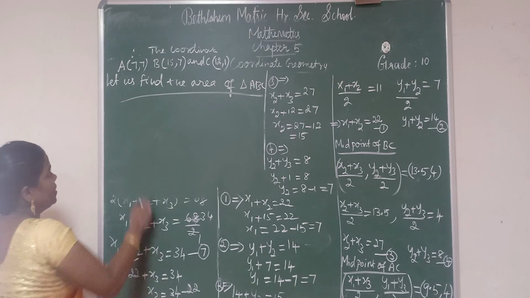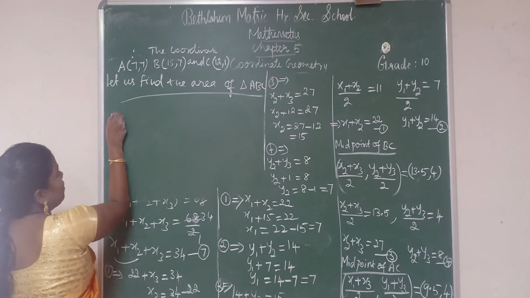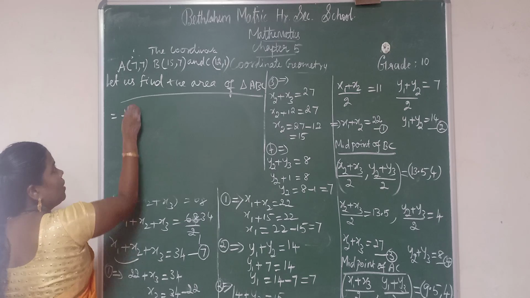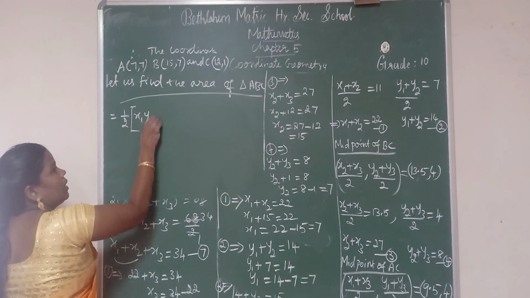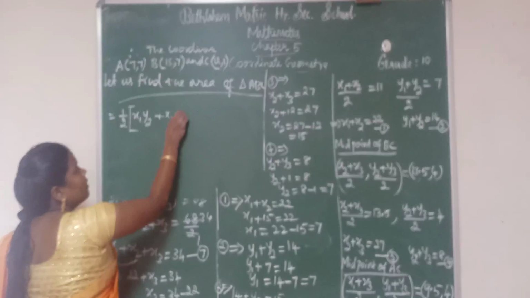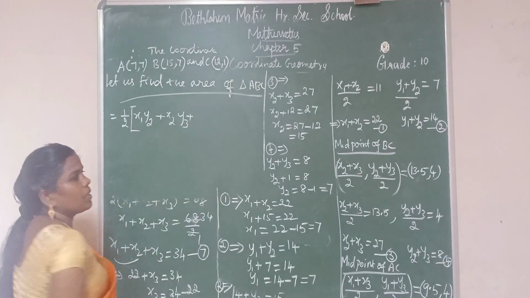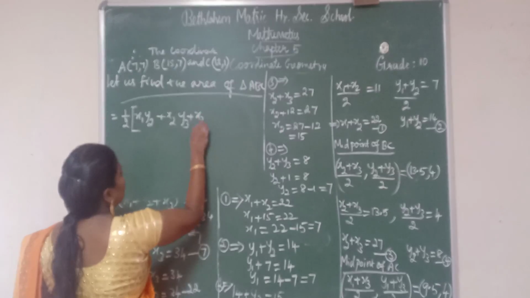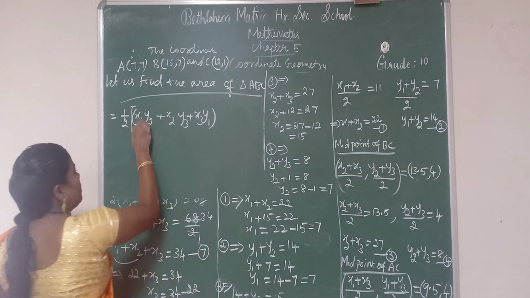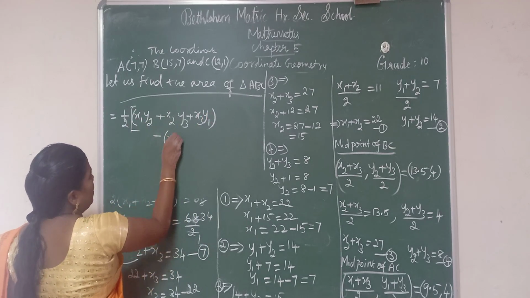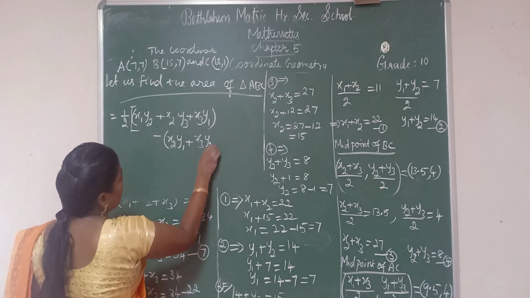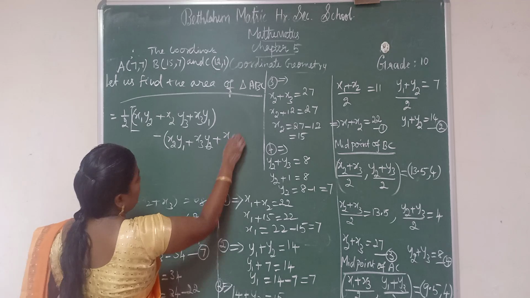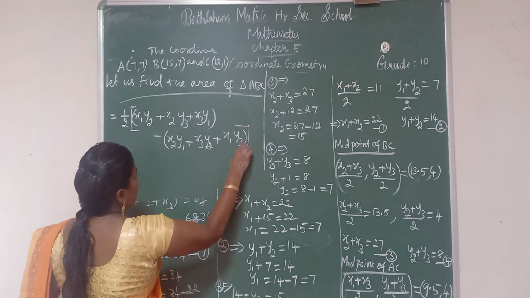Area of triangle ABC is equal to half of x1 y2 plus x2 y3 plus x3 y1 minus of x2 y1 plus x3 y2 plus x1 y3 square units.